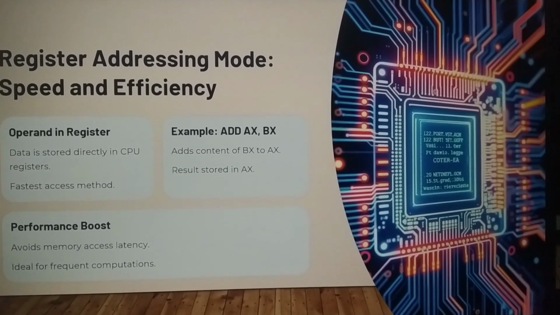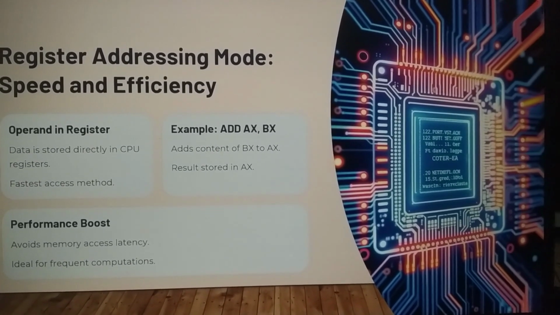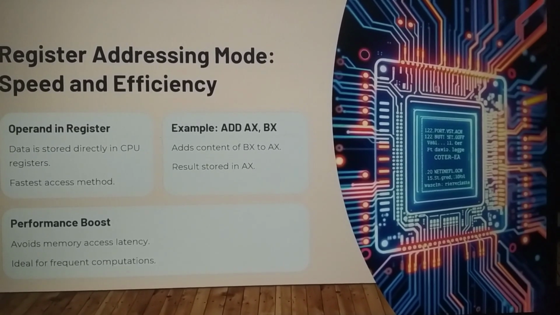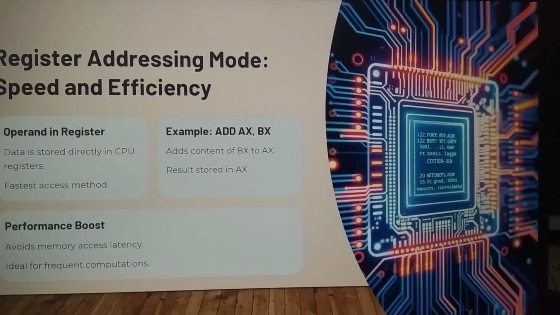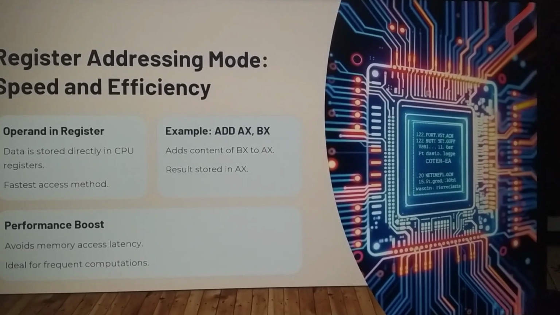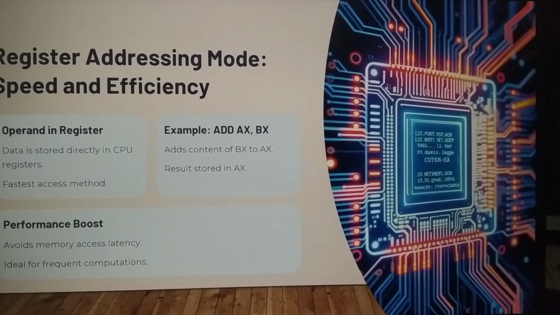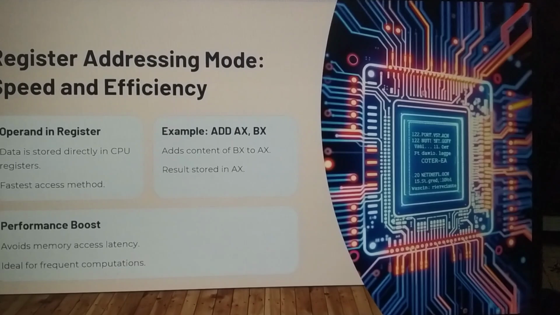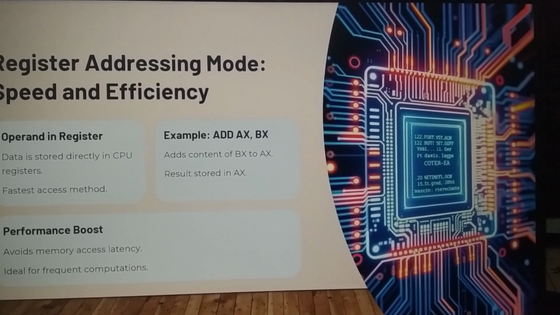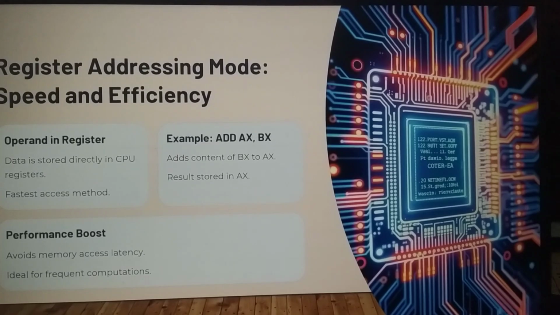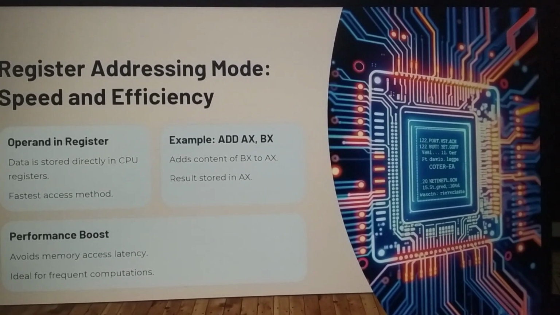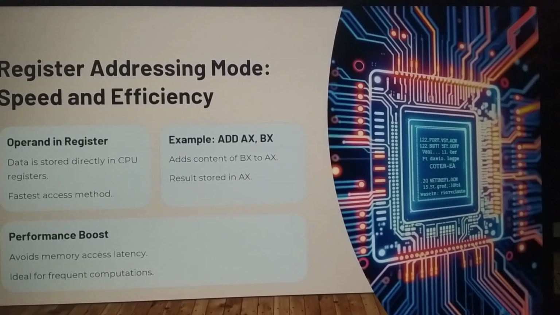Additionally, instructions using register addressing tend to be shorter in size, which saves memory space and speeds up instruction fetching and decoding. Due to these advantages, register addressing mode is ideal for arithmetic operations, temporary data storage, and similar situations.